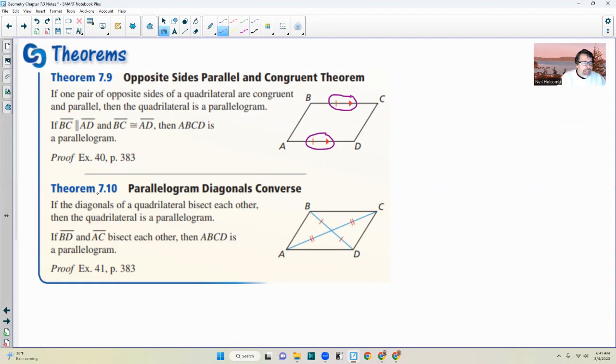Okay. And then theorem 7.10 is the parallelogram diagonals converse.